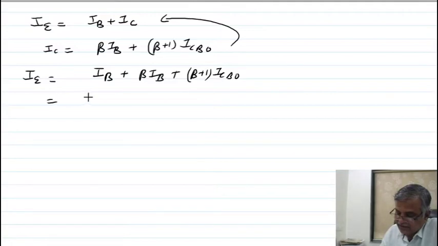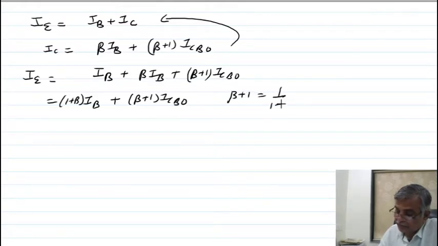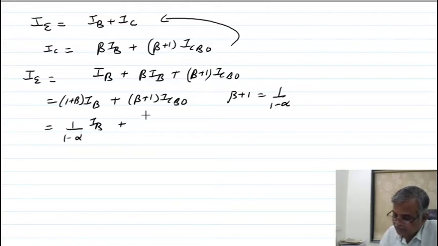So I can get, it is your base current into 1 plus beta, plus beta plus 1 ICBO. You know that beta plus 1 is given by 1 upon 1 minus alpha. So I can write 1 upon 1 minus alpha into base current plus 1 upon 1 minus alpha ICBO.